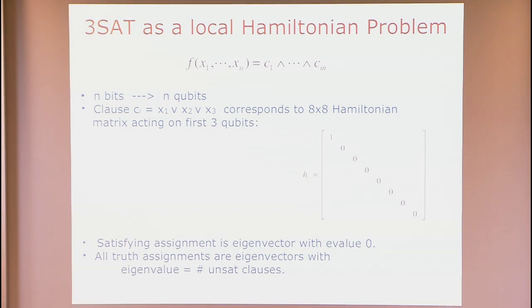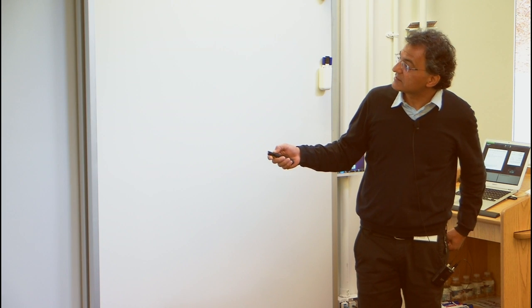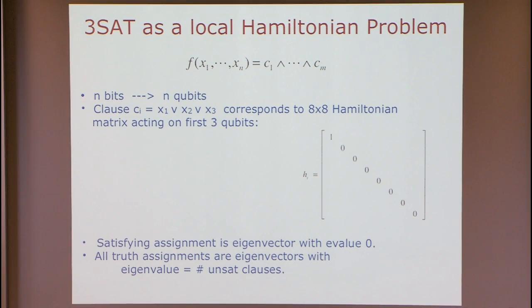Now, let me spell this out a little more in detail, just to make the correspondence more clear for the computer scientists, and maybe also for the physicists here. So if you look at the constraint satisfaction problem 3-satisfiability, there you're given a Boolean formula on n variables, x1 through xn, which is a conjunction of clauses, C1 and C2 and so on up to Cm.